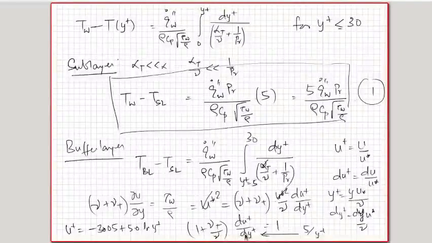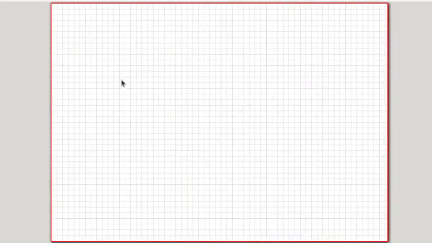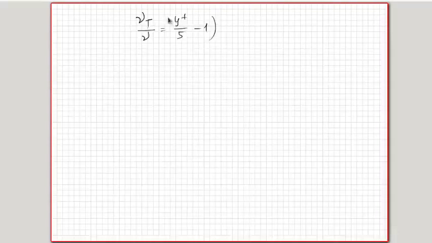So if I take it to the other side, it will become Y plus by 5. So nu t by nu would actually be equal to Y plus by 5 minus 1. So that is the expression that I will get now. Nu t by nu is equal to Y plus by 5 minus 1.